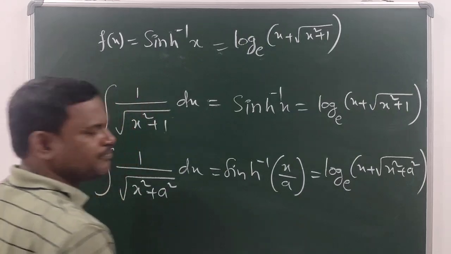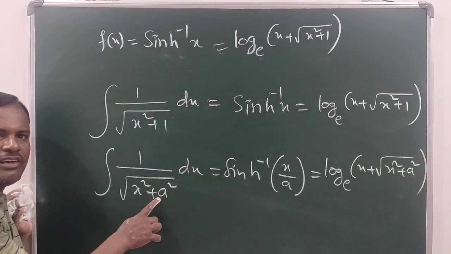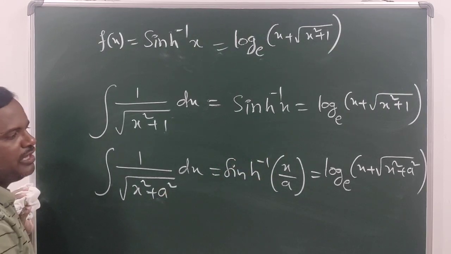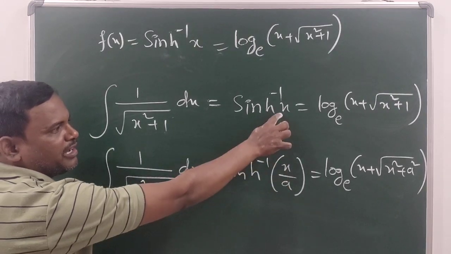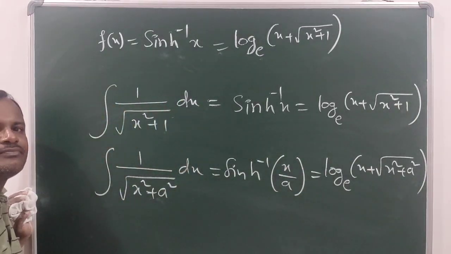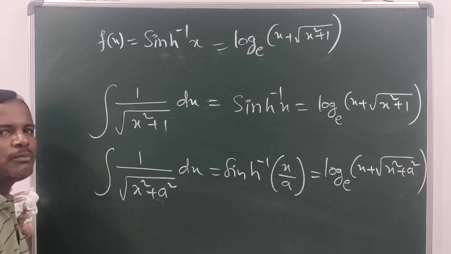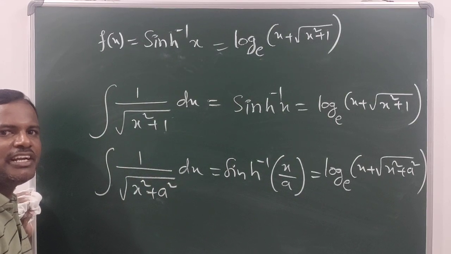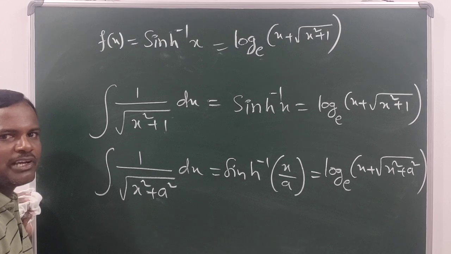Instead of 1, if any other real number is given, write like this: sinh inverse of x by a, and here 1 becomes a square. Remember these formulas, which help you while doing differentiation and integration applications.